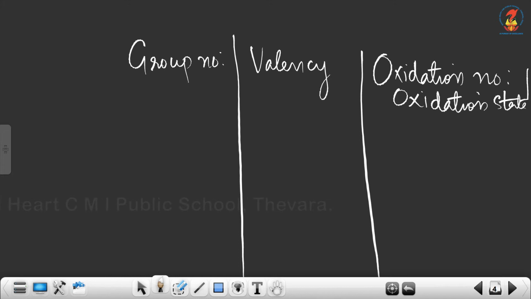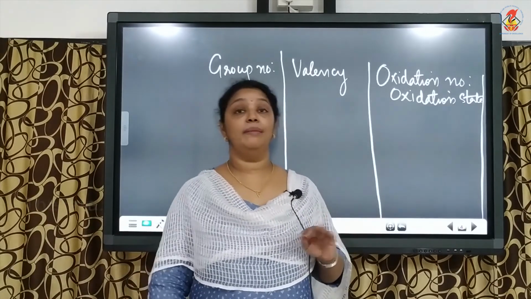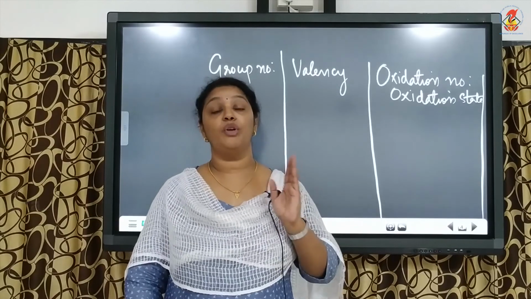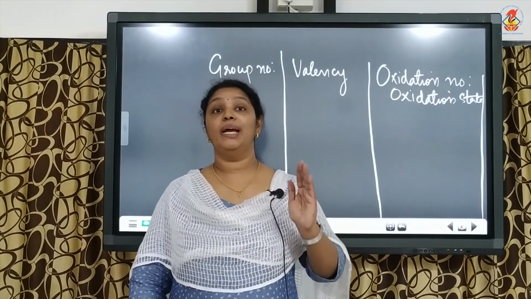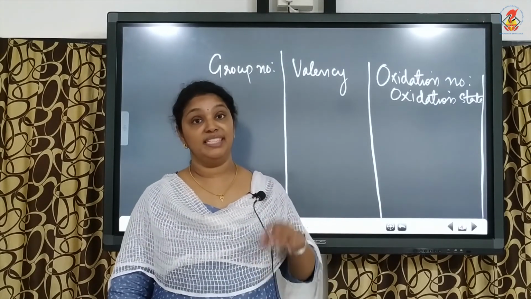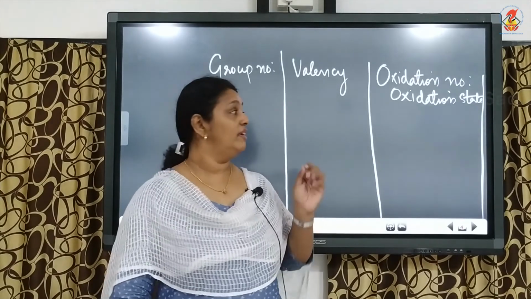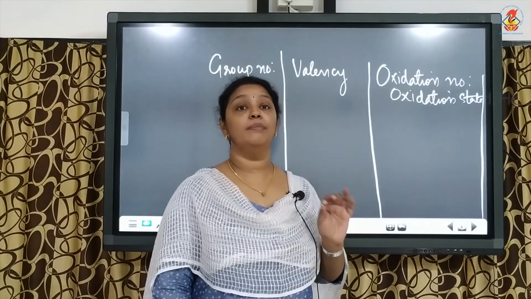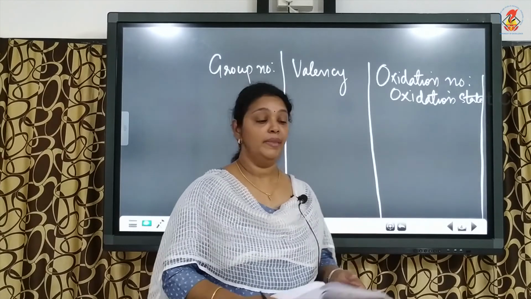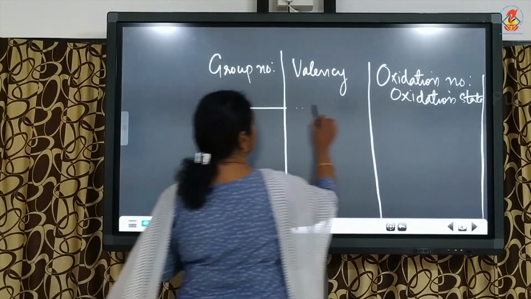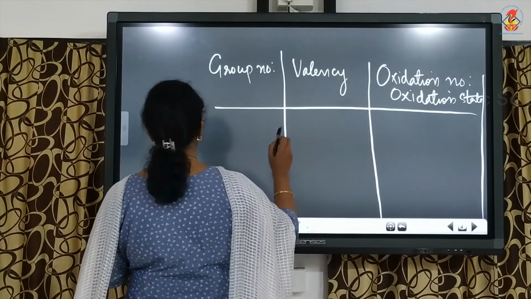Now what do you mean by valency? Valency is the combining capacity of an atom. And what's the difference between valency and oxidation number? Both are same in magnitude, but oxidation number will be either positive or negative. It is a charge. Whereas valency has only positive values. It's a number. So I am going to write the group number, valency and oxidation number.